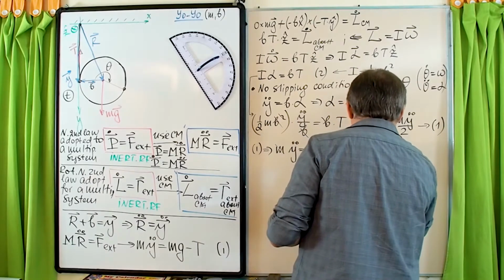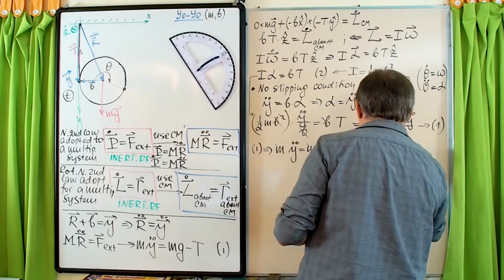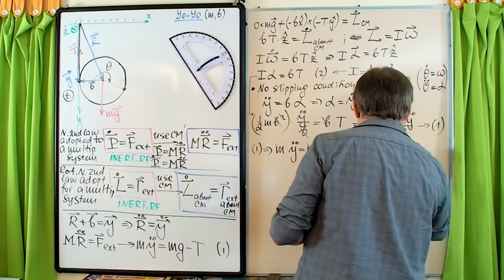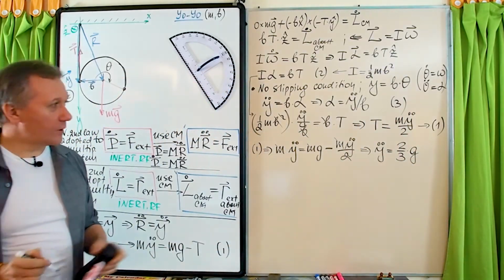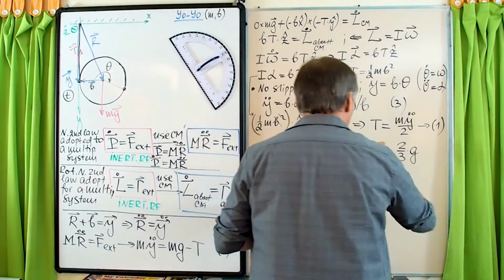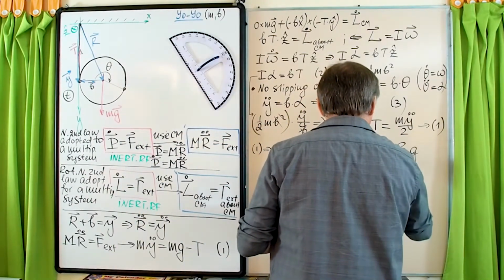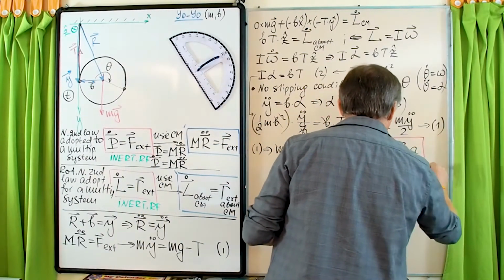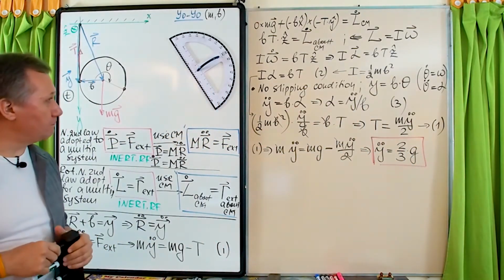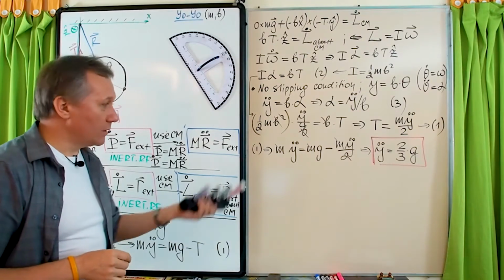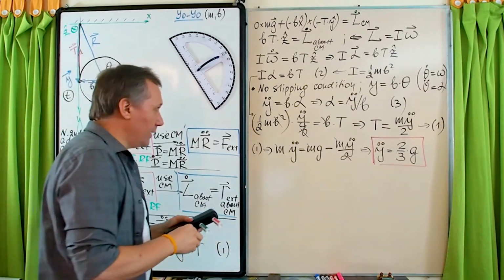I will solve it immediately. So y double dot will be 2 over 3 g. So that's the acceleration of the point of contact and of the center of mass. And of course, you can easily integrate it.